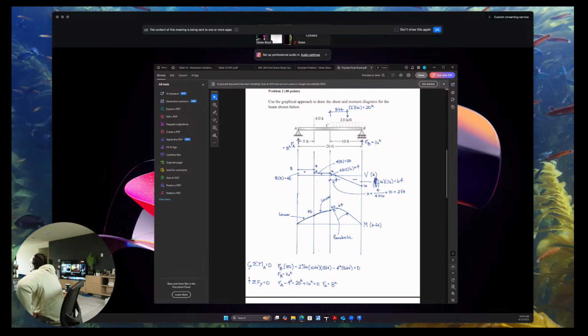So we have a parabolic drop. The goal is going to be remembering that.